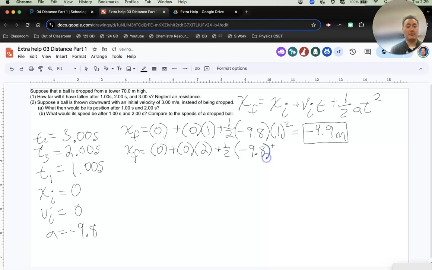It'll be negative 9.8 for your study guide, negative 9.8 for your exam. And your state exam, which is in May if you're a junior. And then what's our last value, Emiliano? What is it? 2. Good. And it's squared. Okay, Juan, calculate. What is 0 plus 0 plus half times negative 9.8 times 2 squared?